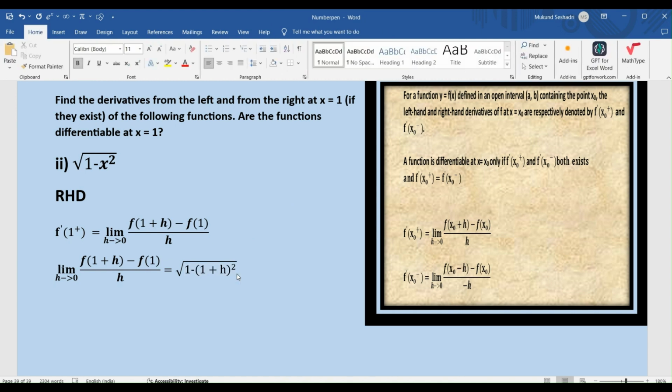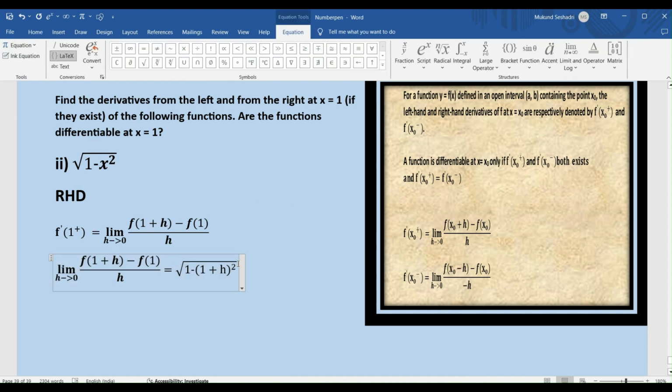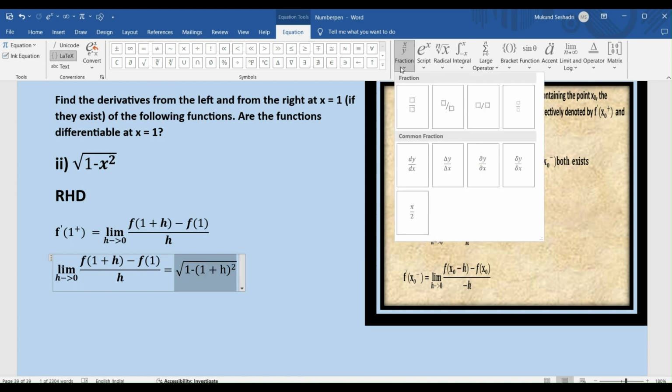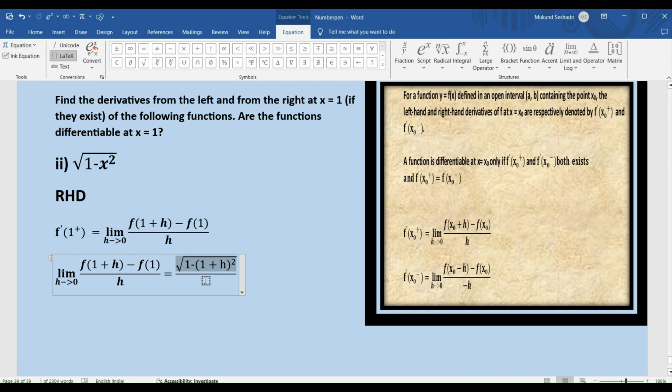My f of 1 is nothing but root of 1 minus 1, which is nothing but a 0, right? So I can comfortably ignore my f of 1 because it is a 0, and I can rewrite this as root of 1 minus 1 plus h the whole square, divided by h, right? So this is what I have in my RHD.